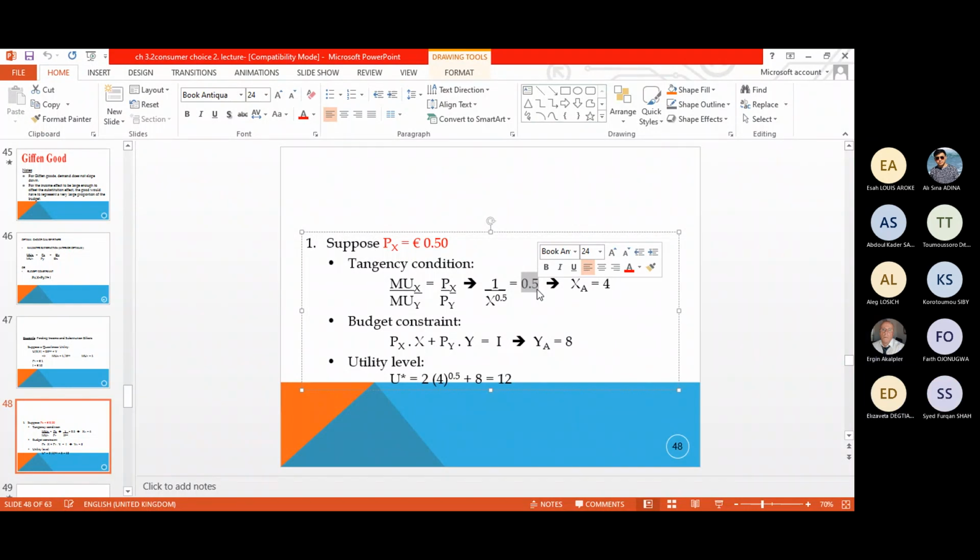Did you get it? You can write this as 1 over 2. Turn it upside down and multiply it by 2. This will be 4, isn't it? 1 over x to the power of 0.5 is equal to 1 over 2.